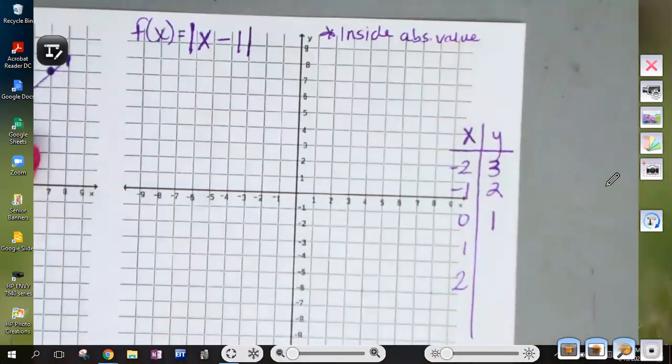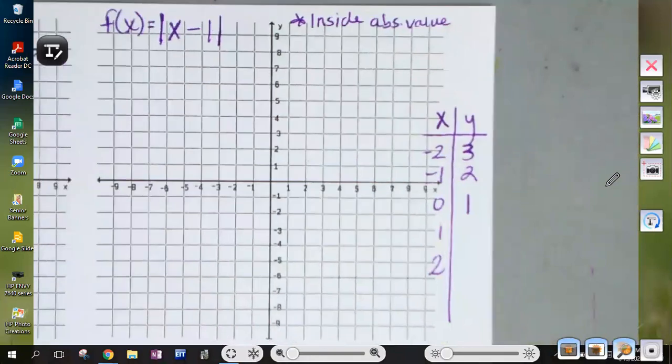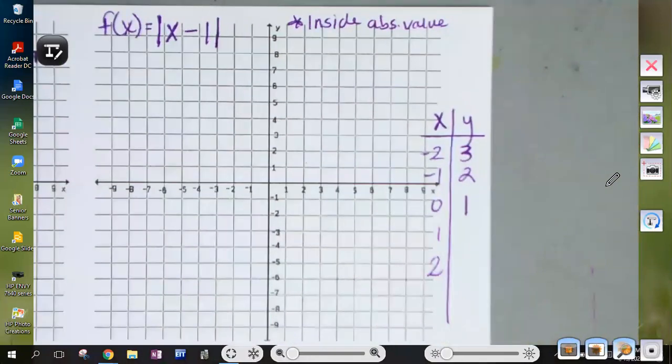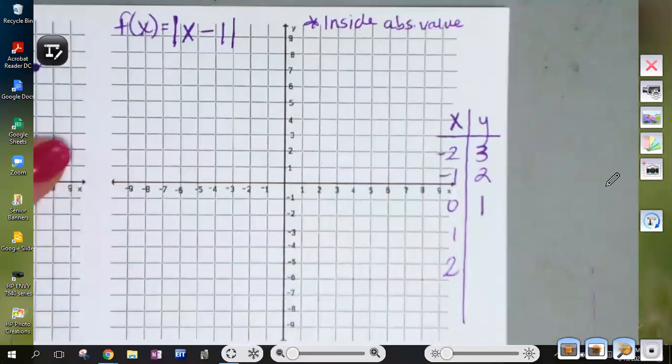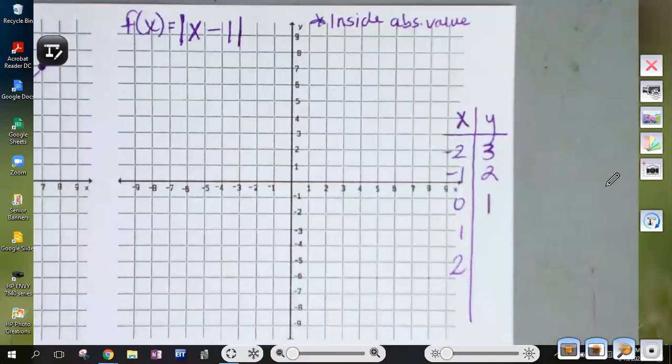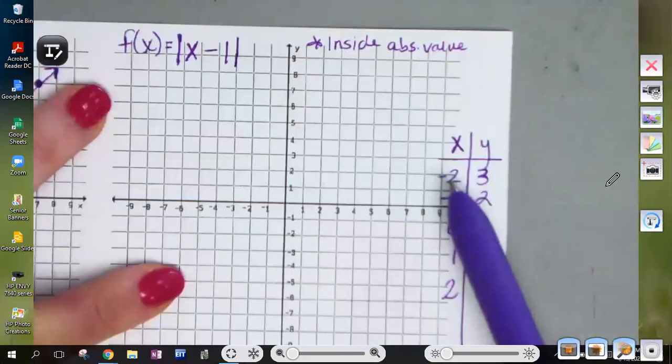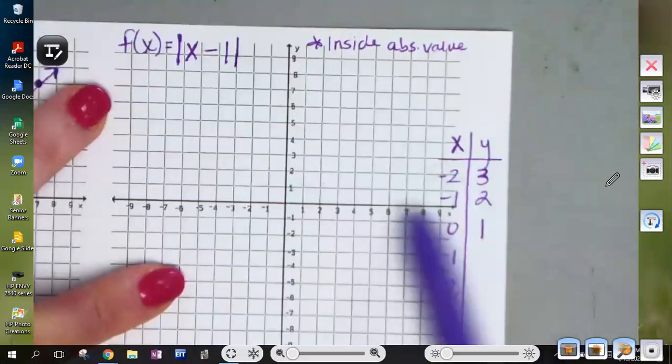Can you explain how you did it the first time? Like how to do it without using the calculator? Once we graph it, I'm going to explain that. I'm just talking about on the table. Okay, so I take my x value of -2 and I just plug it in.